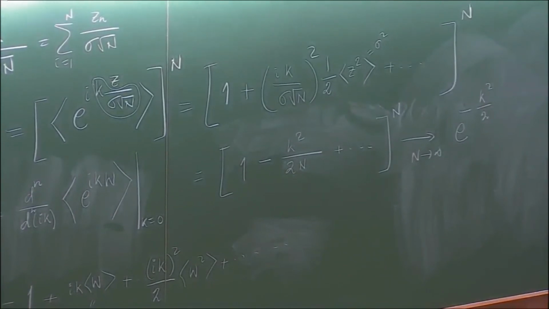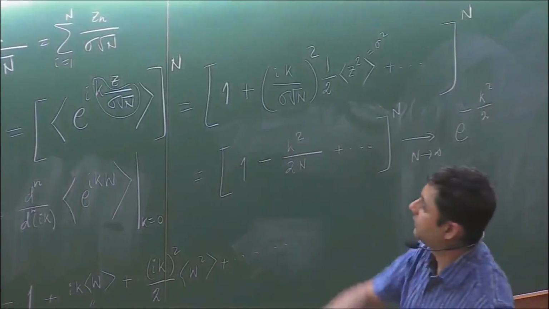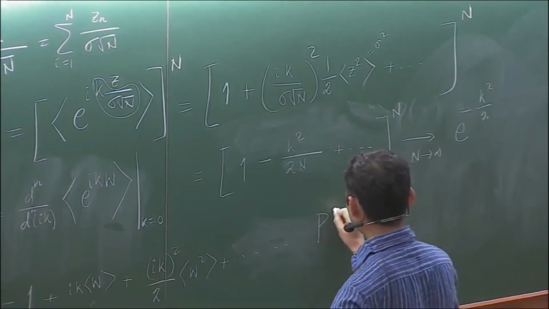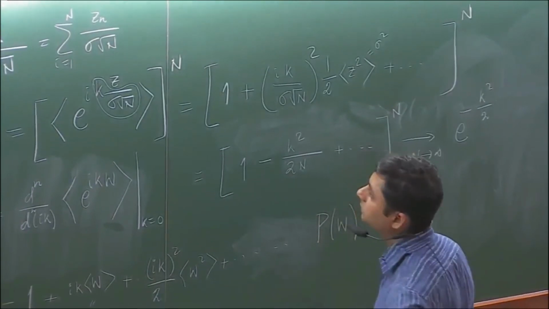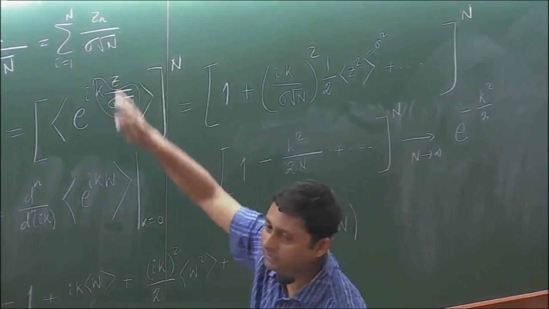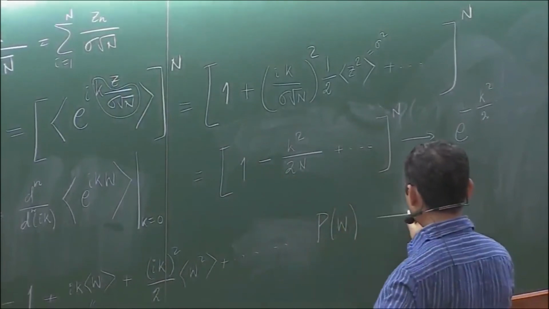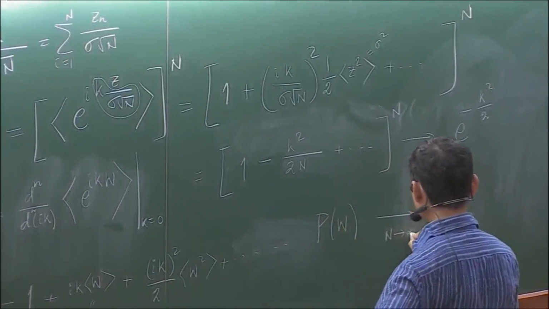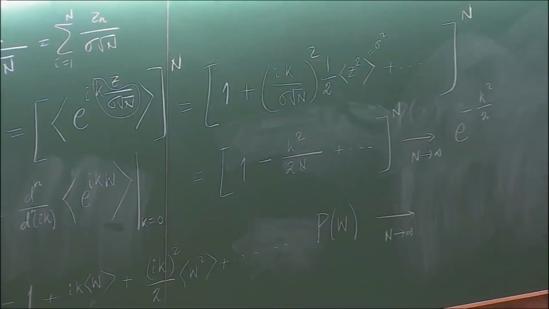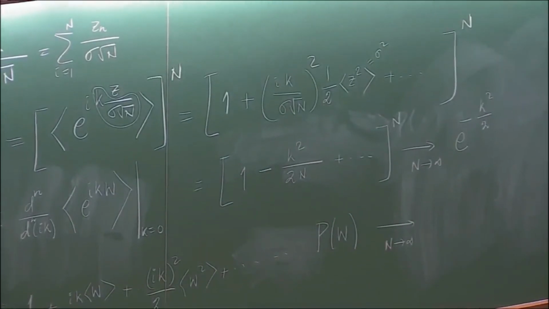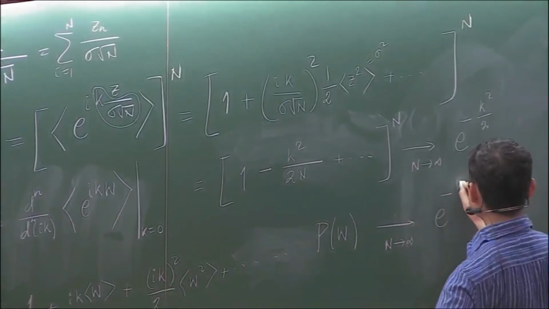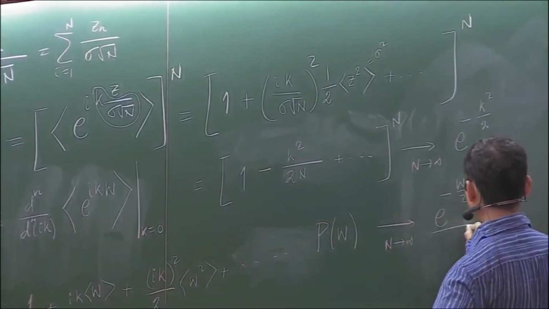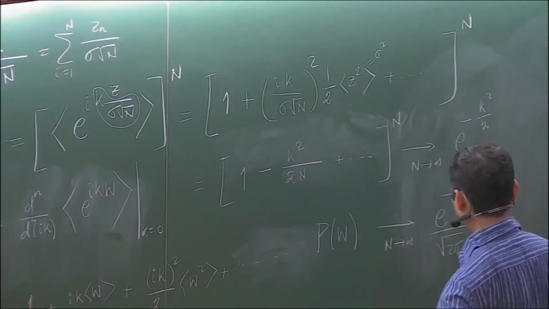Right? So then it says that this variable p of w, which is defined like this, in the limit n goes to infinity, is given by a Gaussian distribution. Right?